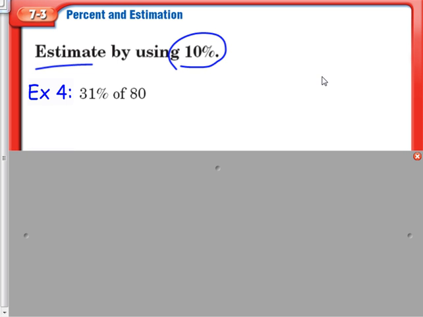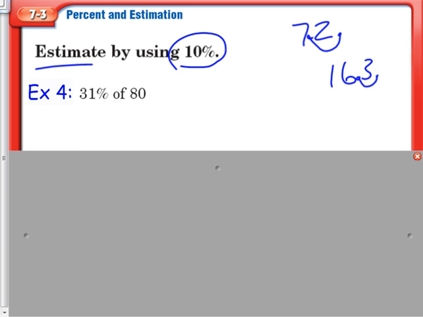Now when you find 10% of a number, you basically just move the decimal point one spot to the left. So for example, 10% of 72 we would say is 7.2. Just move the decimal one spot to the left. If I have 163, 10% of 163 is 16.3.